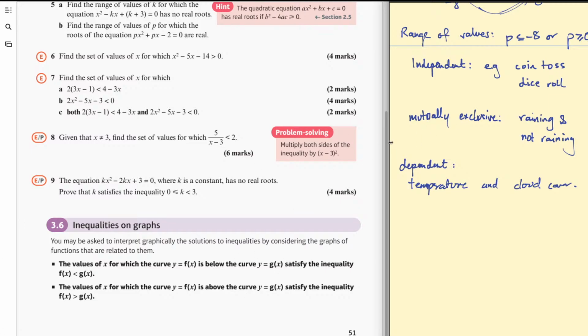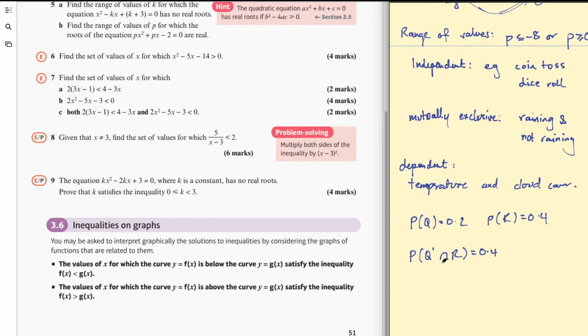Okay, so we have a question. P(Q) is equal to 0.2, P(R) is equal to 0.4. The probability of the complement of Q intersect R is equal to 0.4. What is the relationship between Q and R?